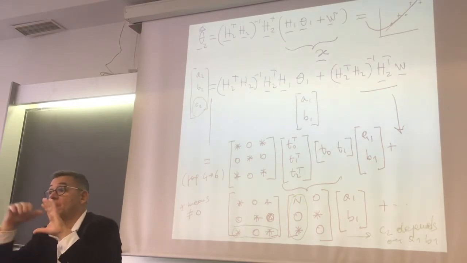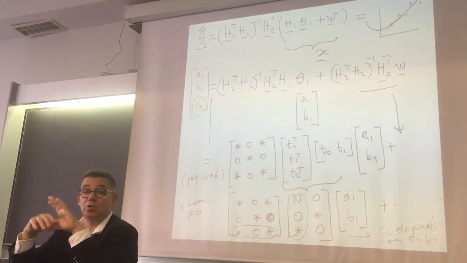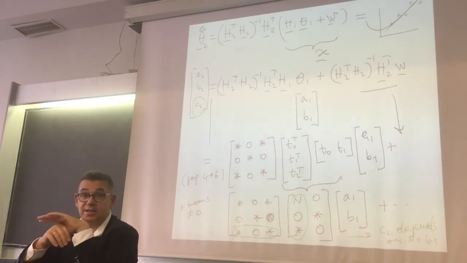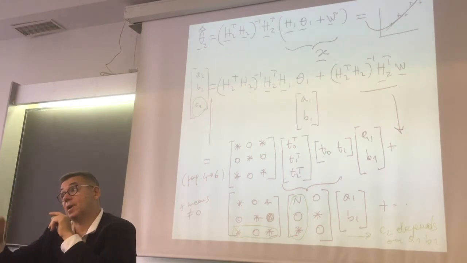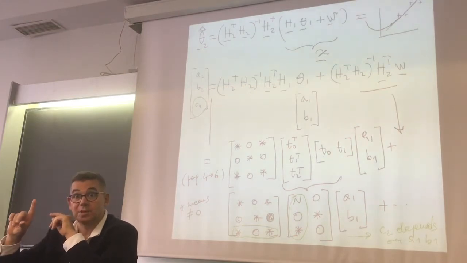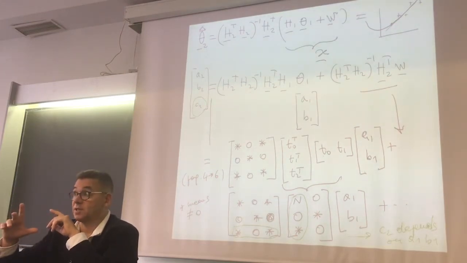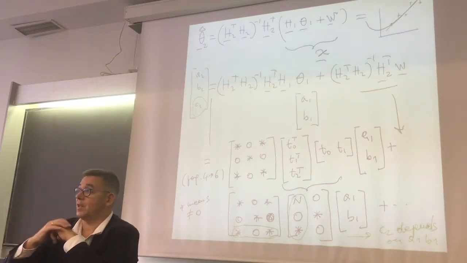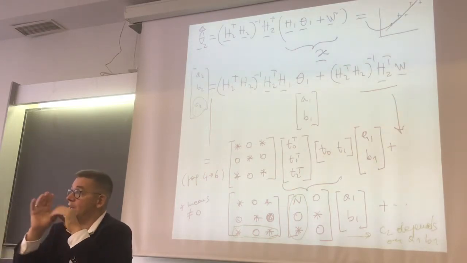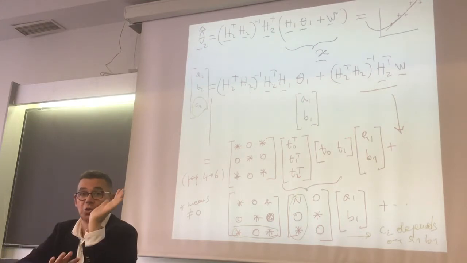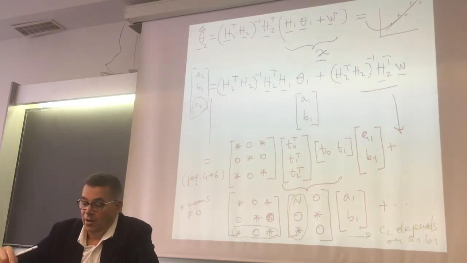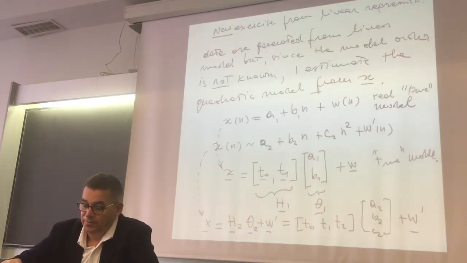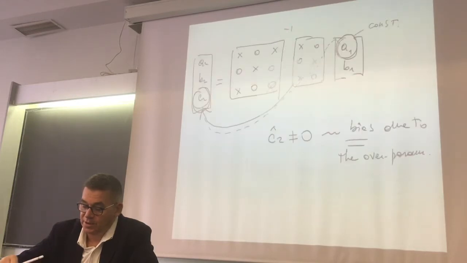Because if you are unlucky, as in this case, your estimated parameters are not 0 in the mean, which means they're biased, and they are affected by noise. So you can really not understand if in your system those parameters matter or not. This is the sense of this exercise.